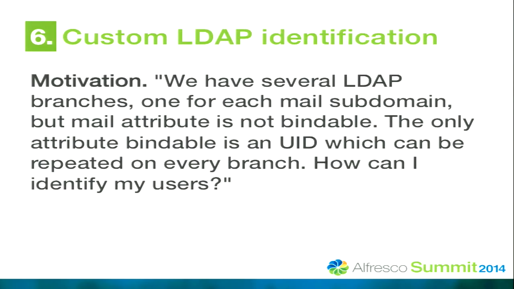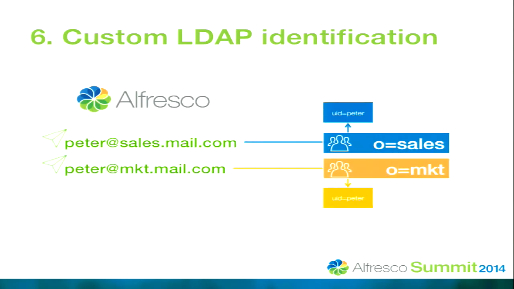We're going to the 6, custom LDAP identification. Many organizations have several branches of LDAPs, and you cannot configure Alfresco in order to gather all the cases. I'm showing you this.